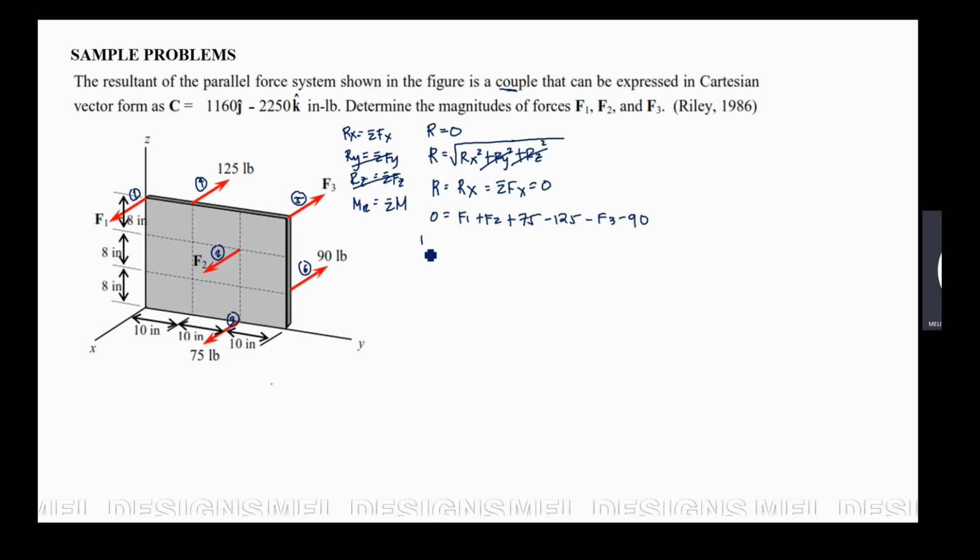Okay? So we have F1 plus F2 minus F3 is equal to 140.